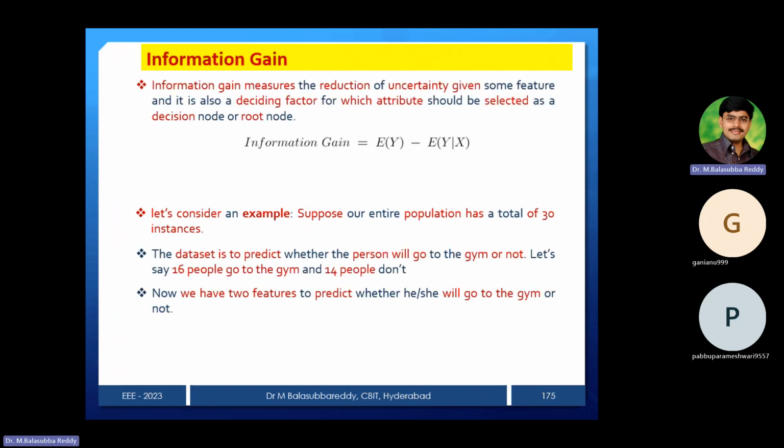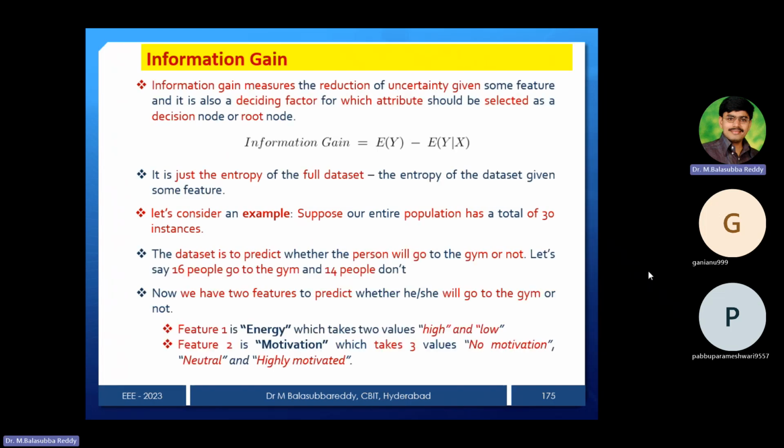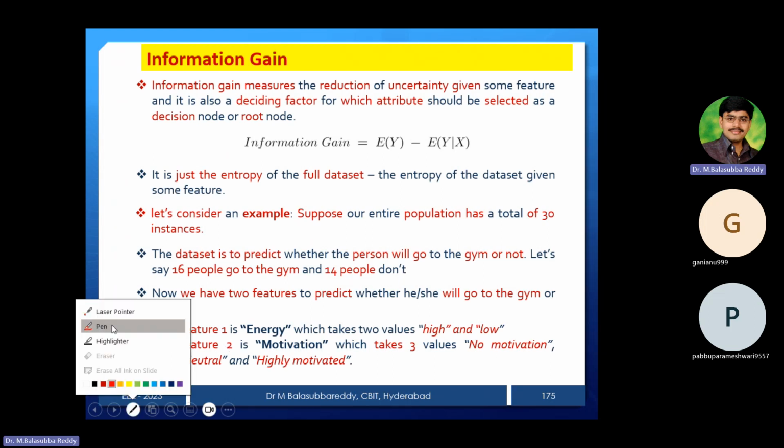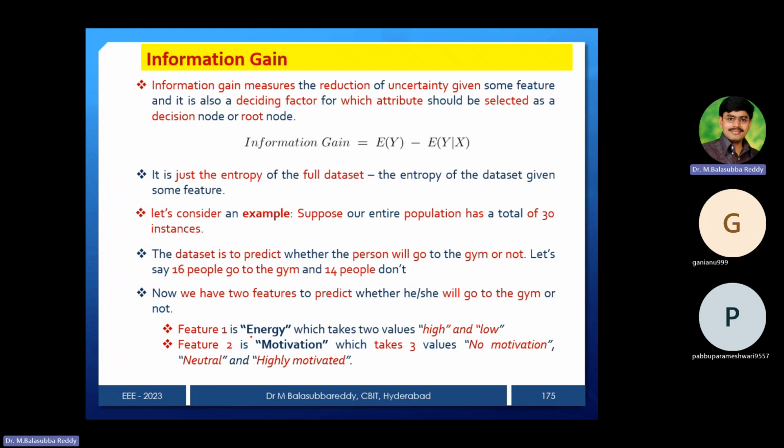Yeah, so this is what I explained so far. I will briefly go over it again. We need to draw a decision tree. In that, one feature is energy, and another is motivation. Energy is divided into high and low, and motivation has three classes: no motivation, neutral, and high motivation.